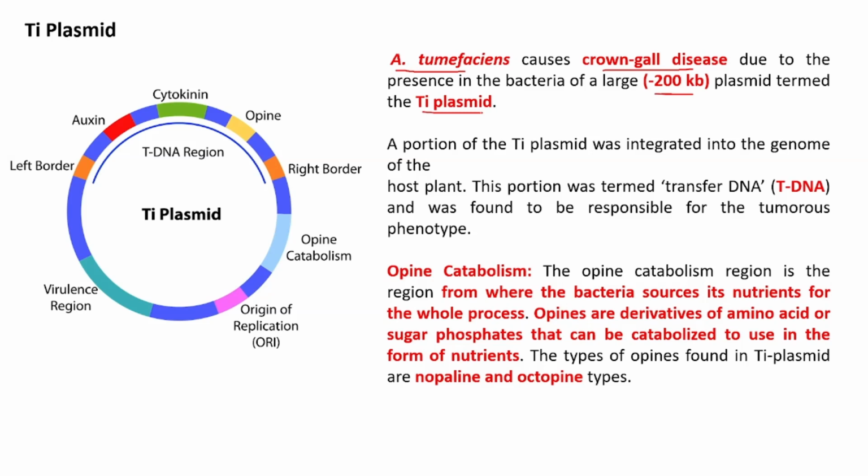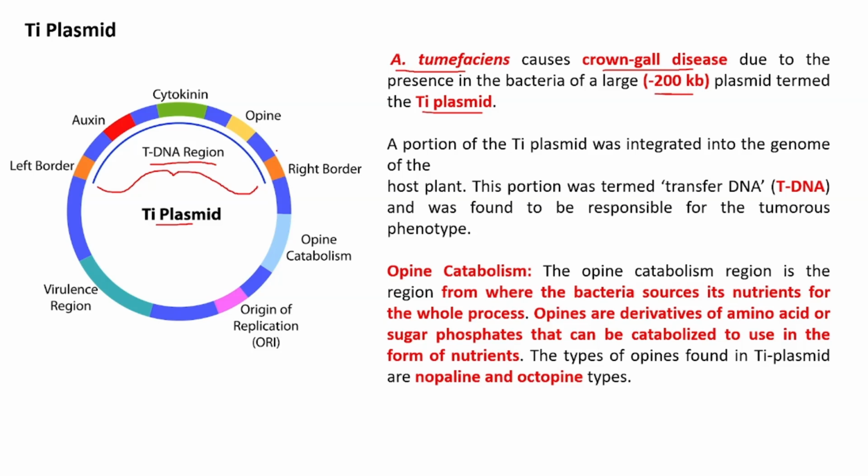On the left-hand side you can find a detailed diagram of a Ti plasmid. As you will see, a portion of the Ti plasmid is called the tDNA. From here until here, this portion is the tDNA, and there are other things apart from the tDNA involved in the Ti plasmid.